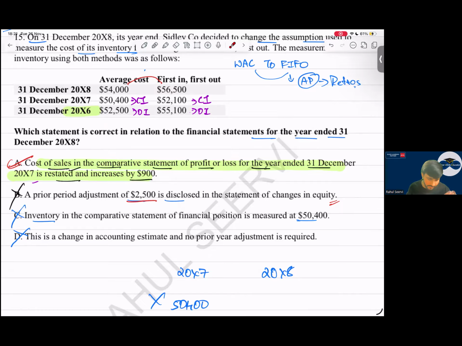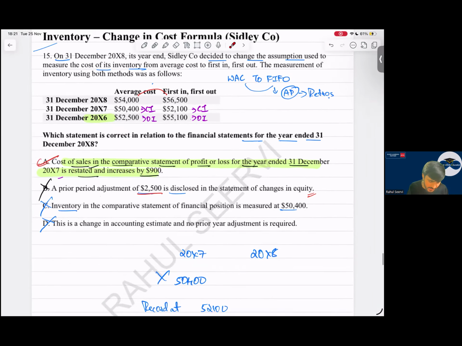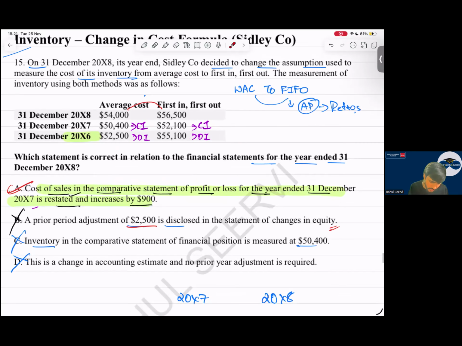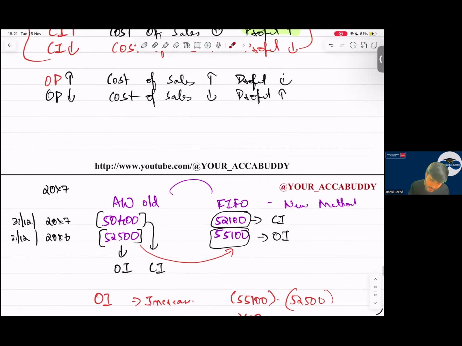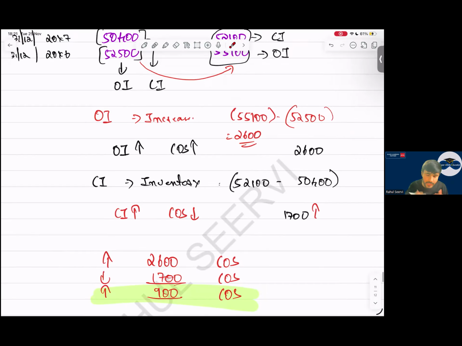I hope this is clear to everyone. So let me explain once again what is happening. These two are out of the box. Here, let us check the cost of sales. This is the data for the closing. This is opening. My opening inventory is increasing by 2,600, sir. So whenever my opening inventory increases, my cost of sales also will increase.